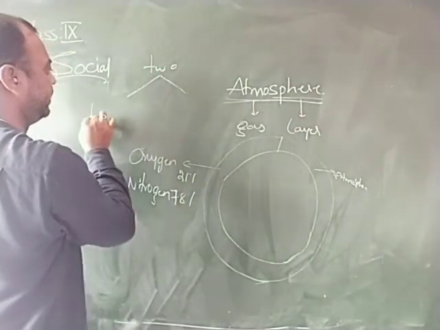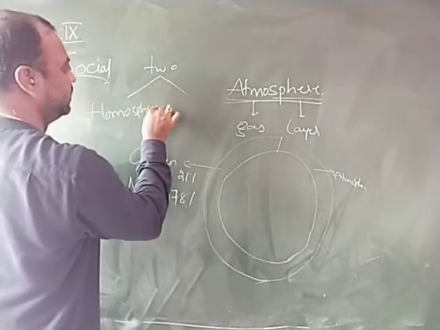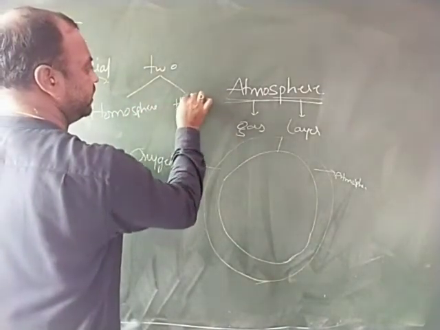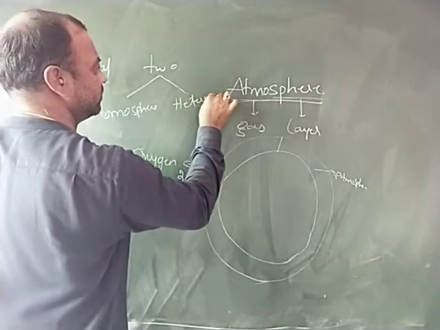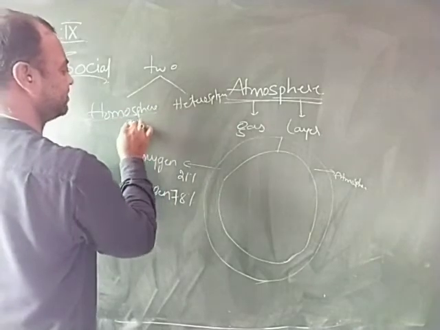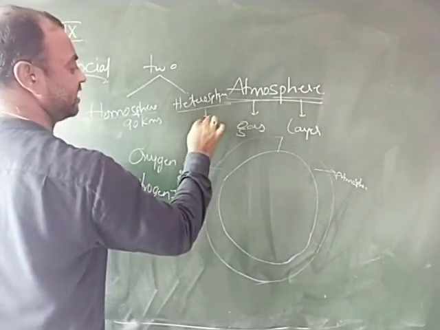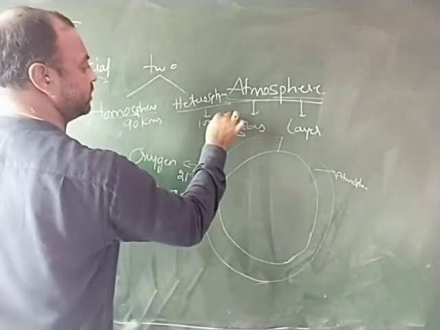They named one as homosphere and the other one as heterosphere. This homosphere extends up to 90 kilometers, whereas this heterosphere extends up to 1000 kilometers.